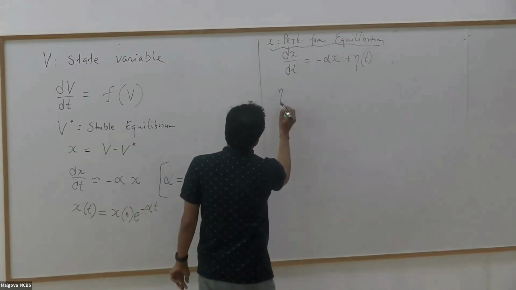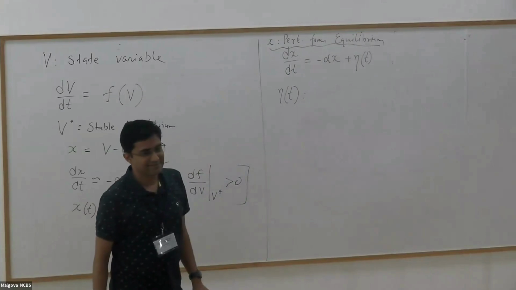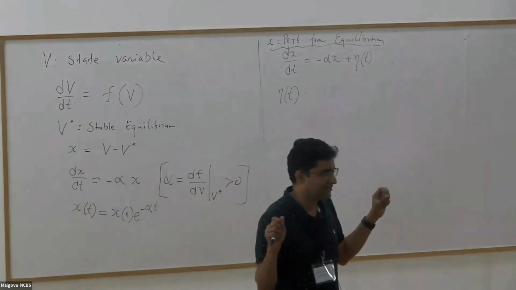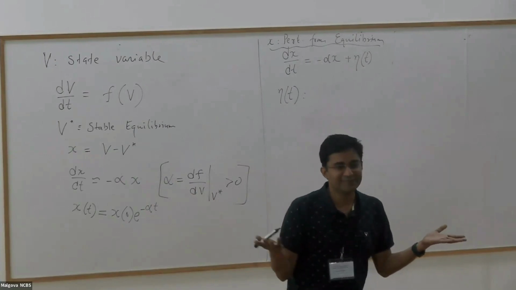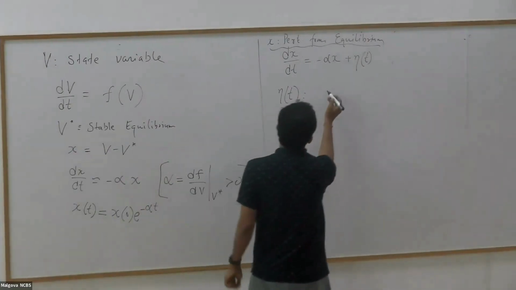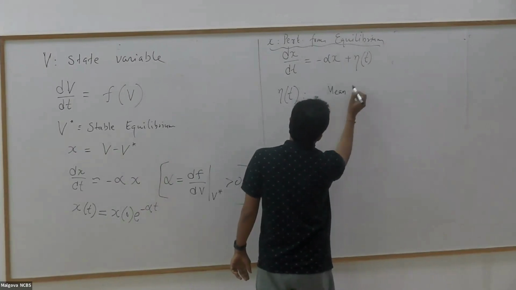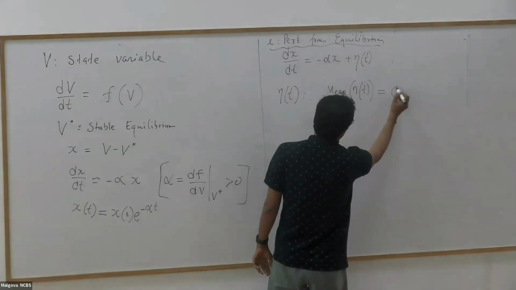Now, of course, for those who have been attentive in the last class, you know that if you don't know anything about stochastic processes, you always start with what? A Gaussian distribution. So basically you make two assumptions: the mean of the stochastic process is 0.